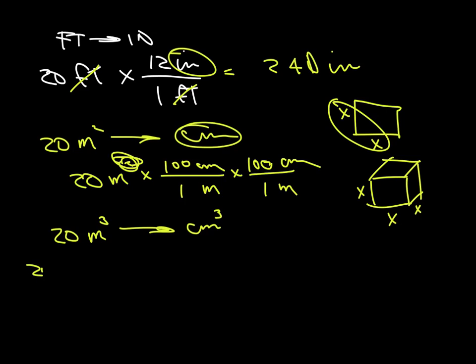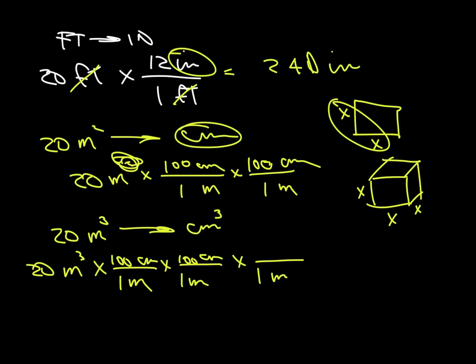So you would draw your 20 meters cubed, and because there was a 3 there, you would make 3 of these lines. And you would determine whether or not you know enough about meters and centimeters to know that there's a comparison, and yes, you do. Again, there's 100, and you would write this all 3 times, and you would then cancel out your meters with one of those, that one with another one, and that one with another one, and you're left with centimeters.